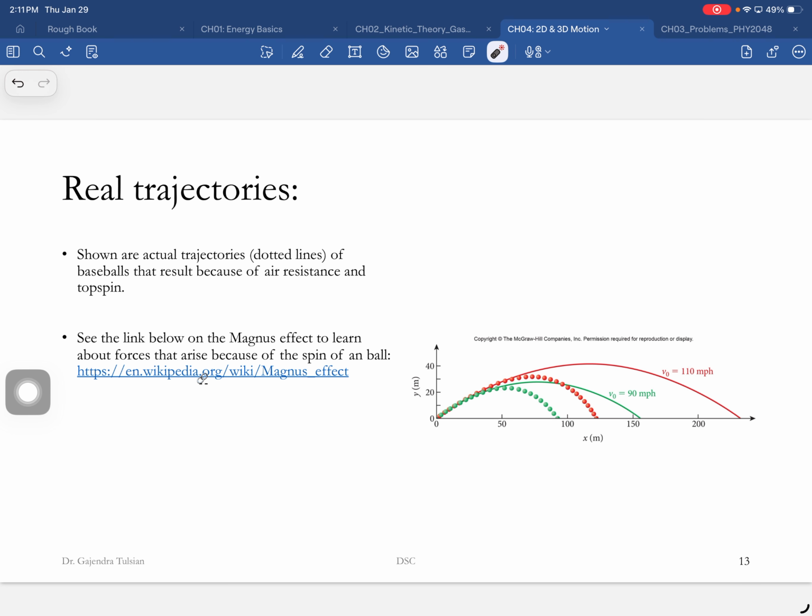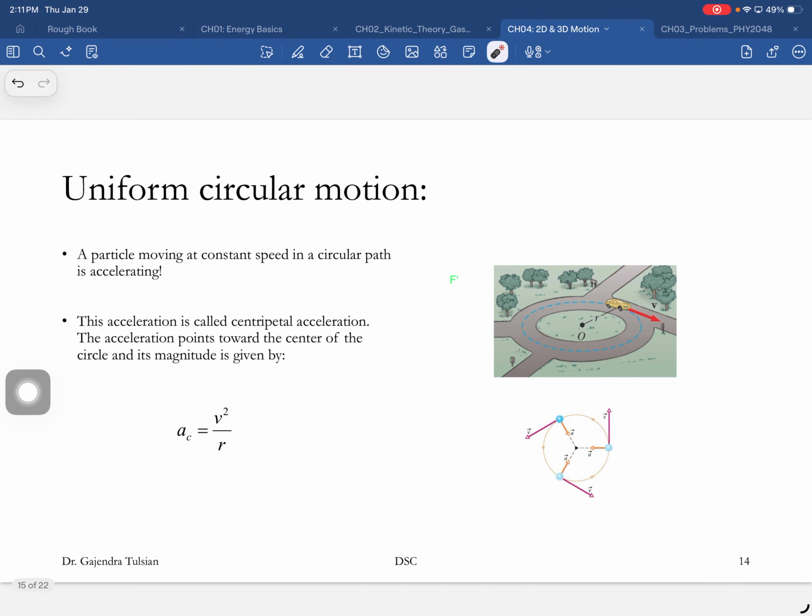All right, so here is this thing drawn. Here, the magnitude of the velocity vector is not changing, and the acceleration at every instant is pointing at the center, from the object. The magnitude of this acceleration is v squared over r. You guys have all experienced this.